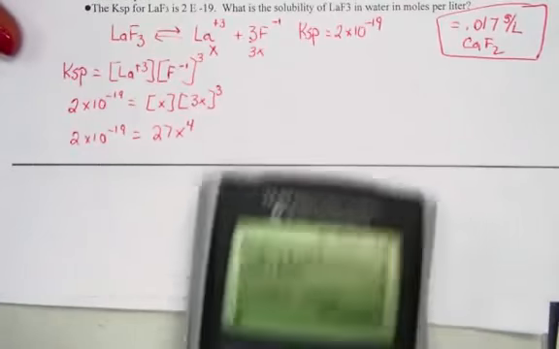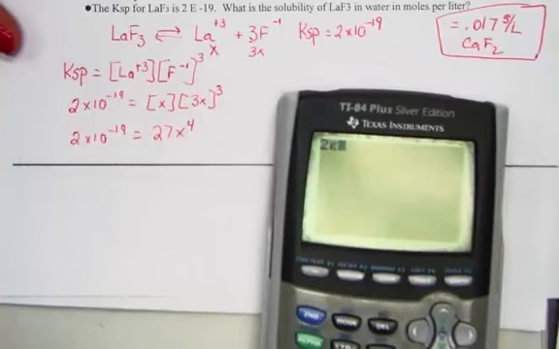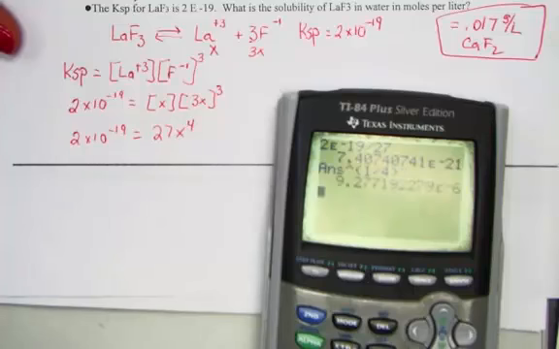Let's hit with our calculator, pulling out x. 2e negative 19 divided by 27 sets that equal to x raised to the 4th power. So let's take that answer and raise it to the 1/4 power, pulling out just the value of x.